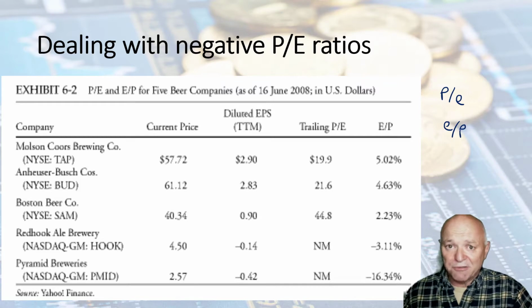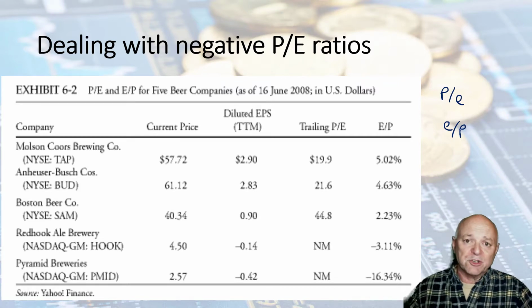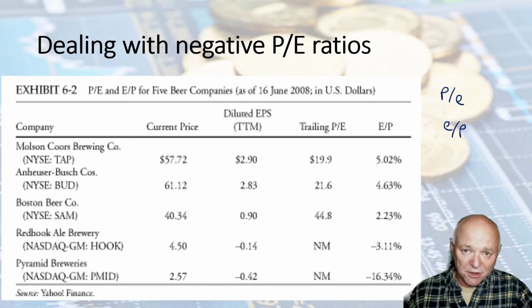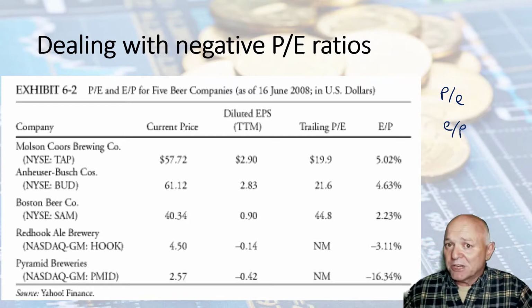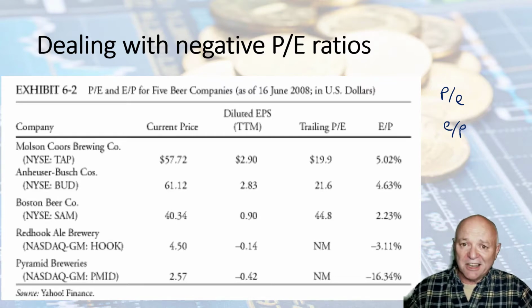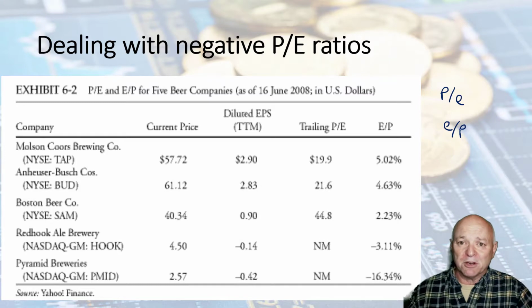It tells us that we're getting a 5% rate of return based on the return to the basic capital and the return to growth. Anheuser-Busch, 4.6%. That's fine too. By the time we get to the bottom of the list, what we're seeing is that Pyramid Breweries is essentially consuming capital at a rate of 16% per year.